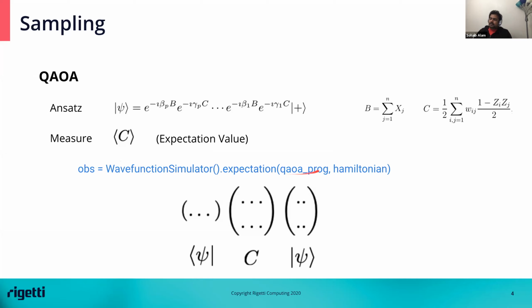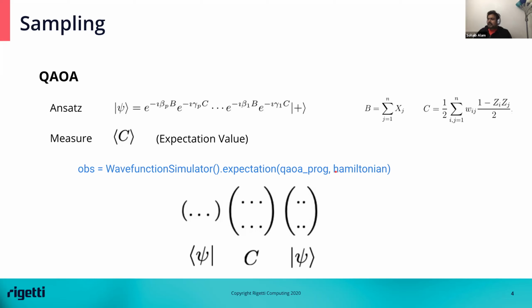At first it takes in the program that specifies what state you're going to be producing. So in this particular case, it would have been the program that produces this QAOA state, right? Moreover, it also specifies what the observable is, or what the quantum operator is whose expectation value you want to compute.